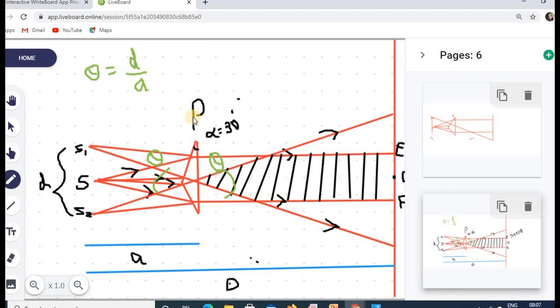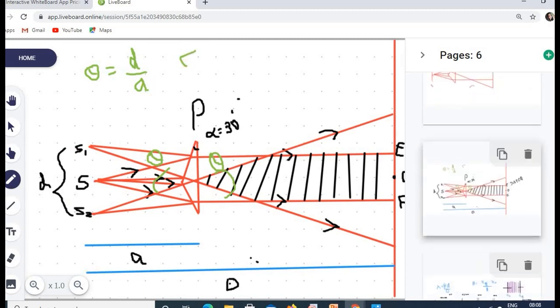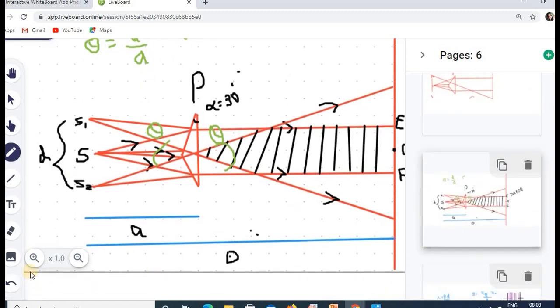And since the refracting angle alpha of the biprism is equal to 30 minutes and it is very small, the deviation produced in the ray path also is very small when it passes through the biprism. The deviation produced is represented by the notation delta.